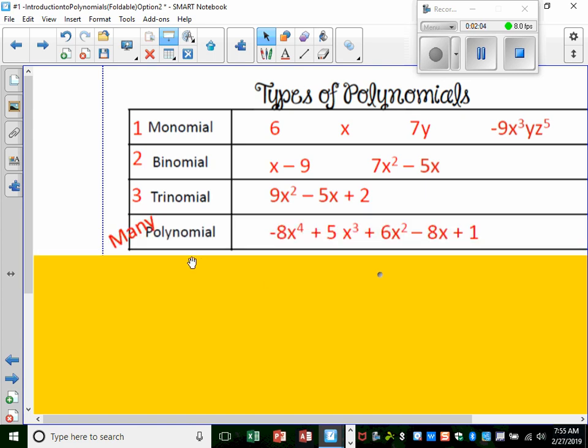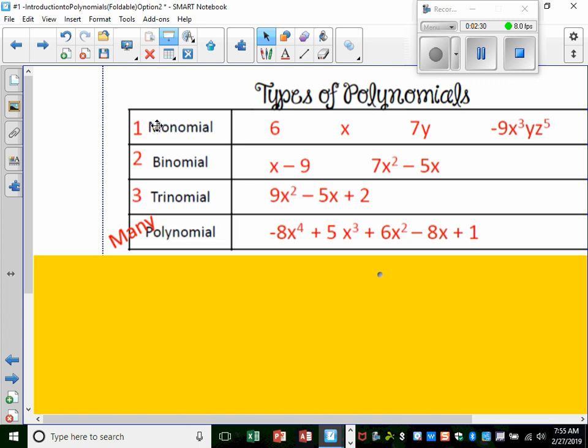Now, all of them are called polynomials. Poly means many. Okay, so we stop classifying after 3. So after we have the monomial, the binomial, the trinomial, we don't say anything else. We just call everything else after that a polynomial.